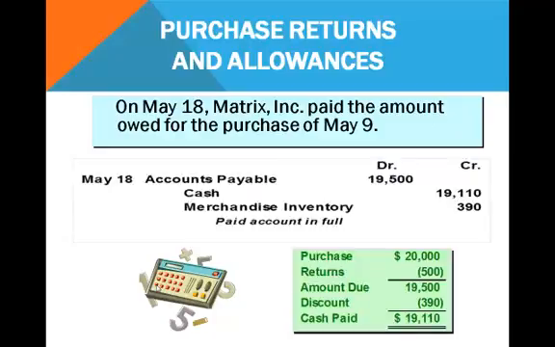The entry includes a debit to accounts payable for the total due of $19,500 and a credit to cash for $19,110, which is the amount due less the discount, or net of the discount, and a credit to merchandise inventory for $390, which is the amount of the discount. So we credit the inventory account, that's an asset account, to reduce it for the amount of the discount.